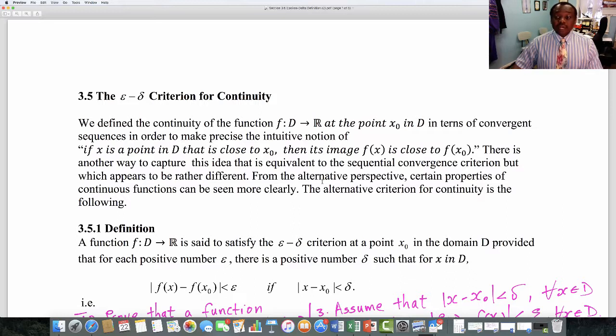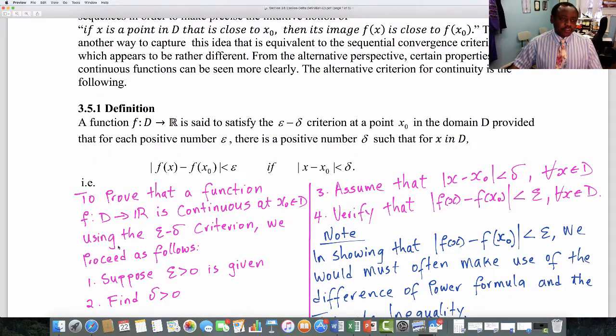The alternative criterion for continuity is what is known as the Epsilon-Delta Criterion for continuity, and that is the subject of section 3.5. Now let's dive in. Subsection 3.5.1, definition. Let f be a function from D to the set of real numbers R, where D is the domain.